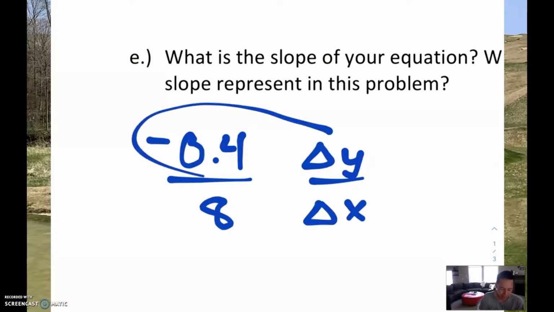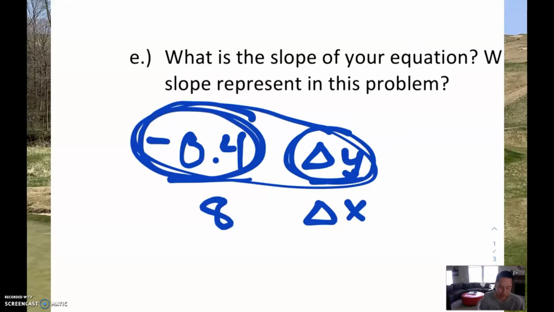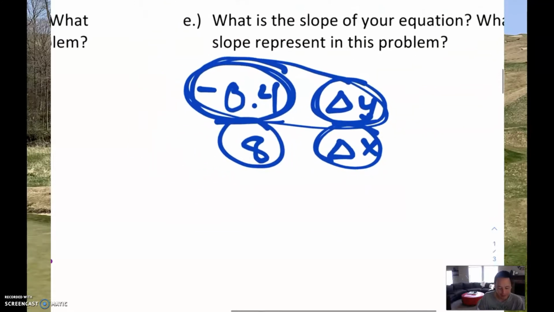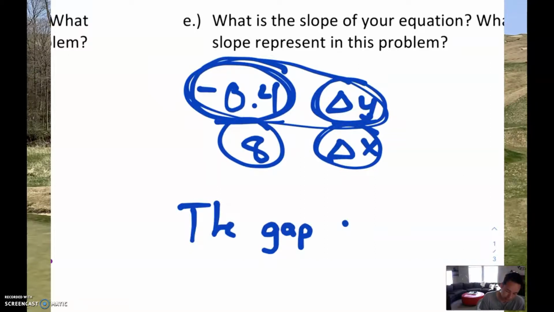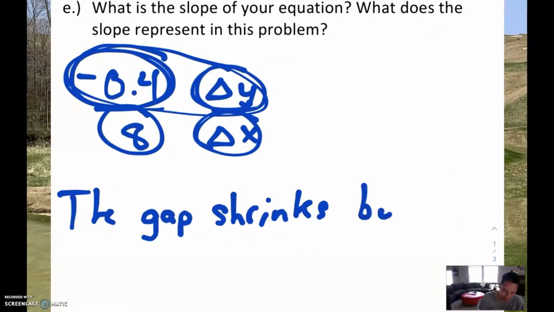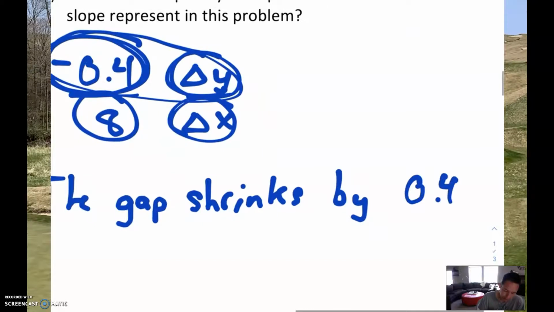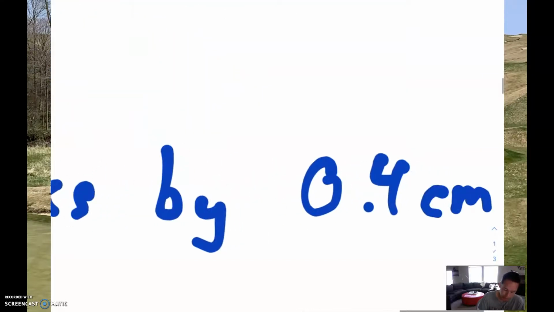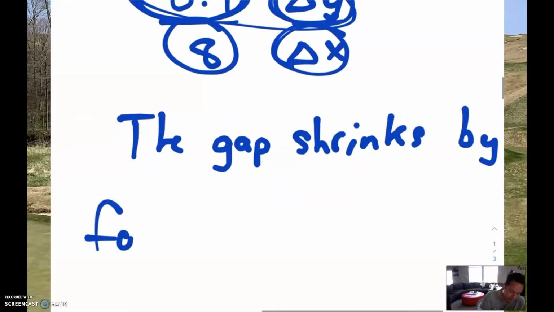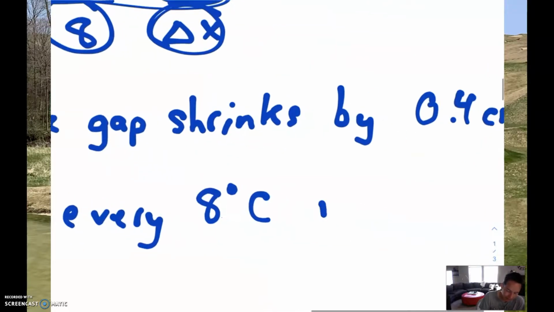What this is saying is the size of the gap is shrinking by 0.4 centimeters as the temperature increases by 8 degrees Celsius. So you could say the gap shrinks or decreases by 0.4 centimeters for every 8 degree Celsius increase.